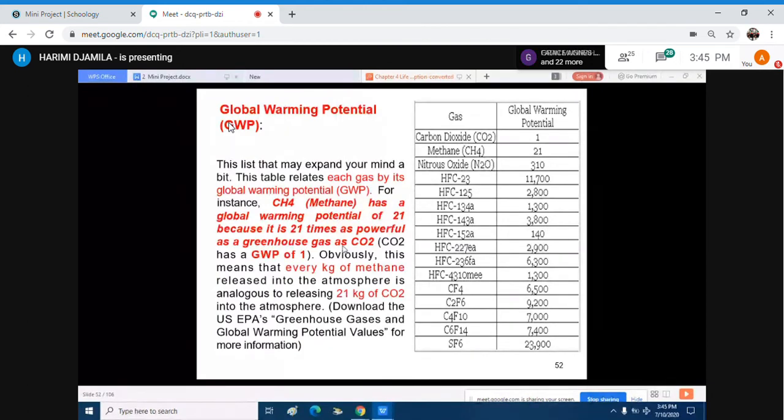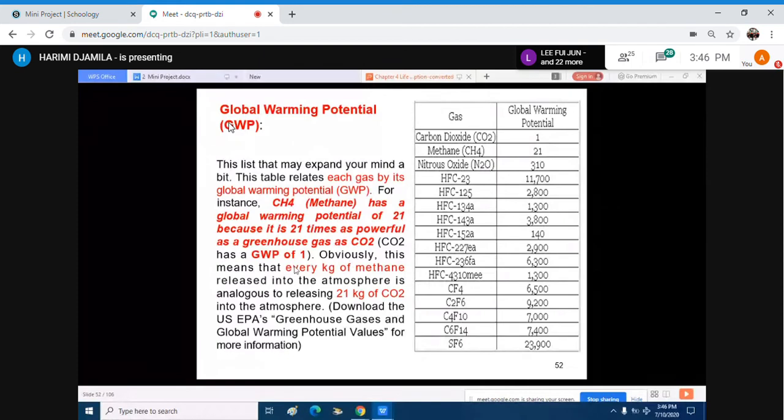Probably a factory produces, I give an example, 10 methane gas units and 10 carbon dioxide. If I want to do the overall calculation, I will do 10 plus, if the company produces 10 methane CH4, plus 21 times 10 to calculate the global warming potential.